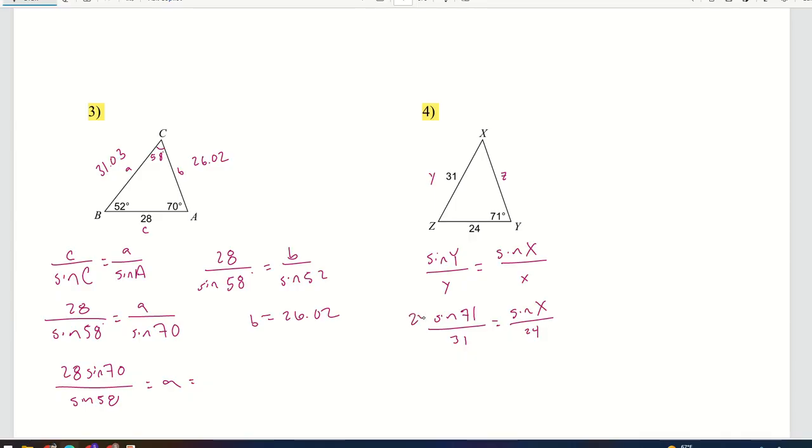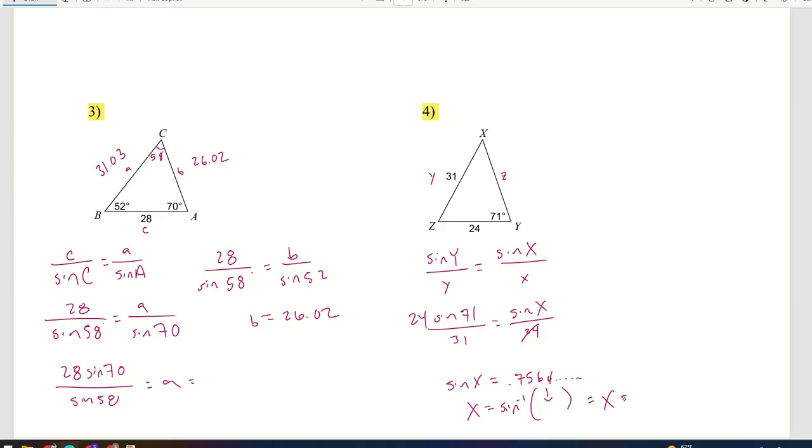Multiply both sides by 24, and then I get sine of x is equal to 24 sine of 71 divided by 31, 0.7564, dot, dot, dot. It keeps going on and on. To get x by itself, I do inverse sine of that.